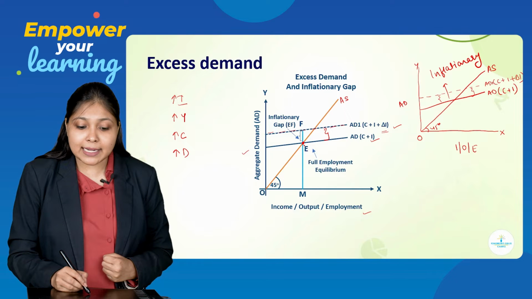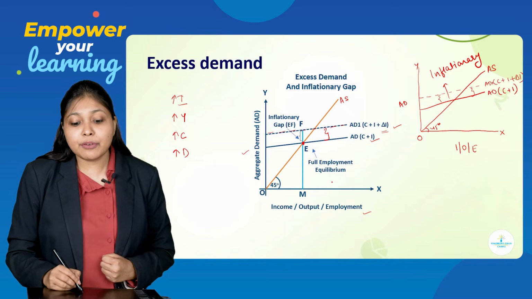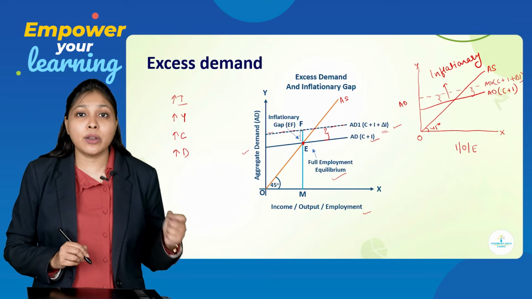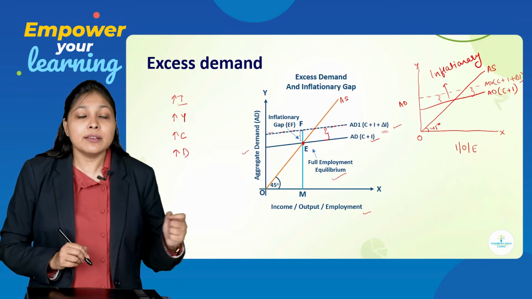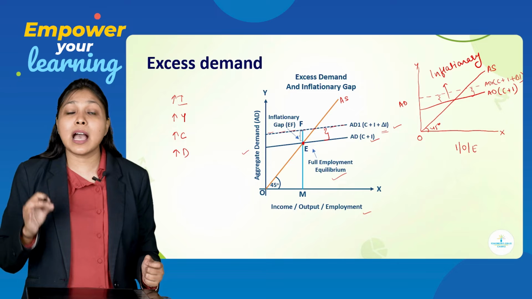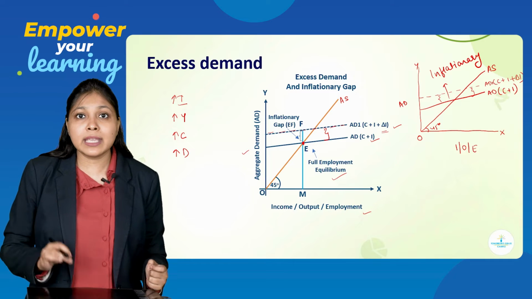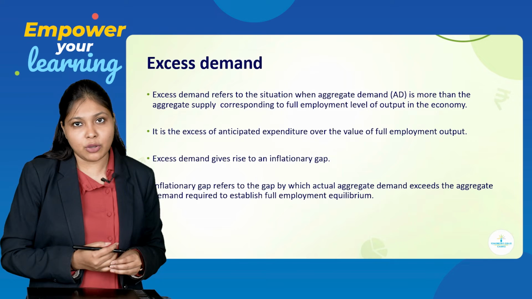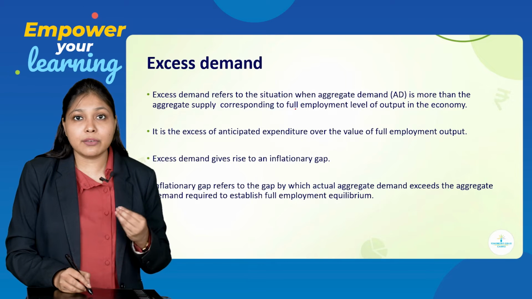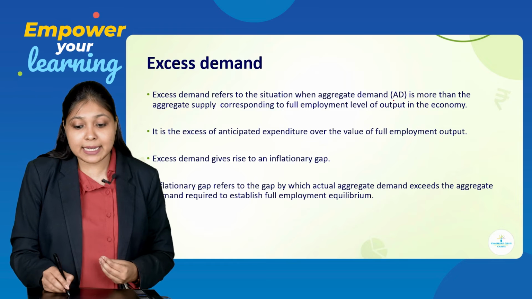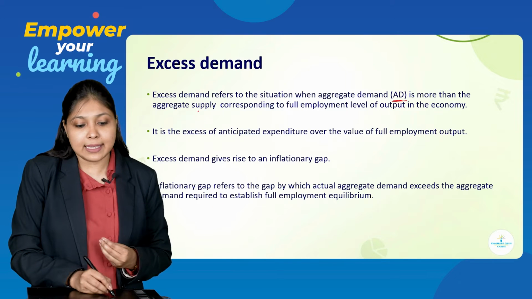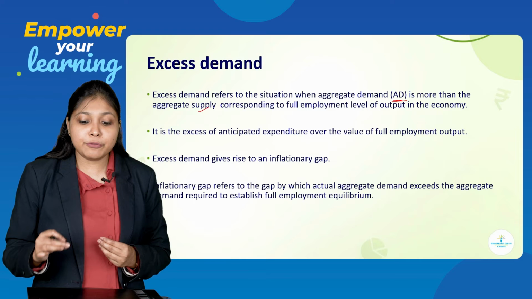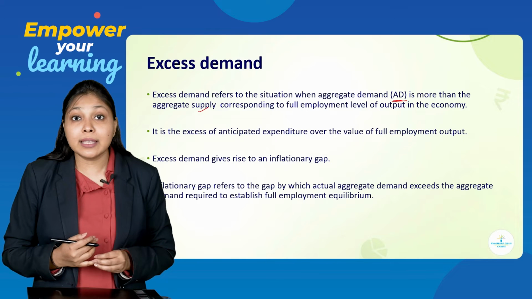Now let us move ahead. You can see that at point E, we have full employment equilibrium. As I already told you the meaning of it, full employment equilibrium means our economy is working at its full capacity. Now let us understand the meaning of excess demand. Excess demand refers to the situation when AD is more than AS, corresponding to the full employment level of output in the economy.